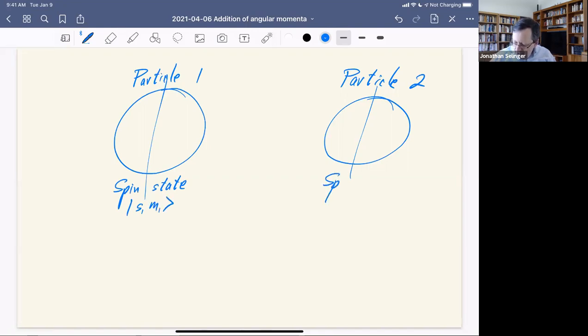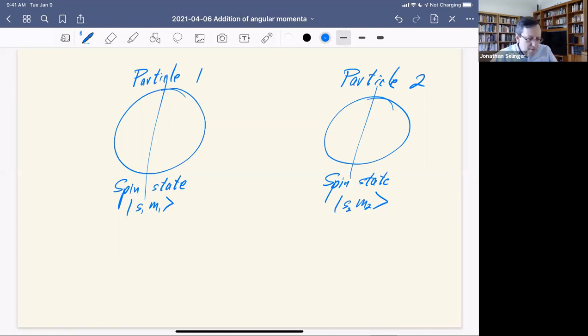And this is in a spin state of S2, M2. And so the question is, how do you combine them? What can we say about the total angular momentum?